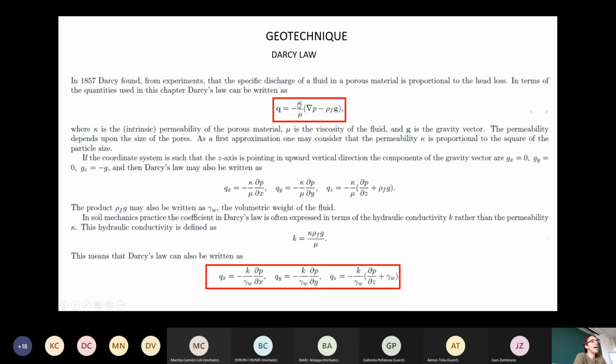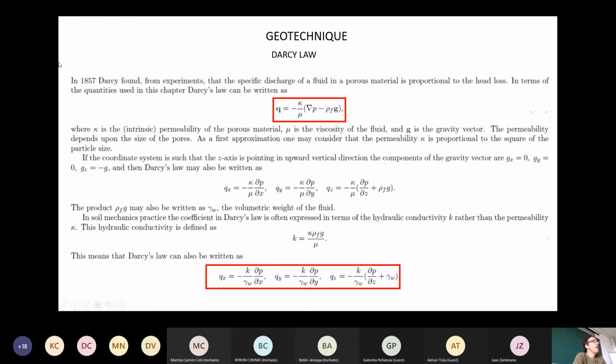Now we want to consider an important thing that will have very important consideration in application, that is called the permeability. That is this K. So the permeability depends, of course, as the name says, on the size of the pores. And in a first approximation, we can consider the permeability K is proportional to the square of the particle size.